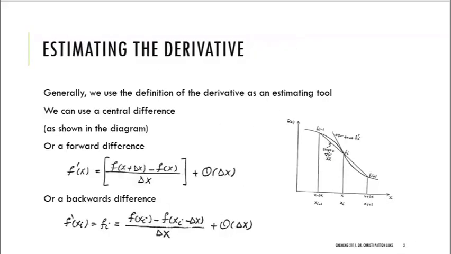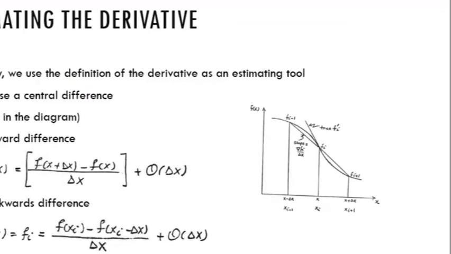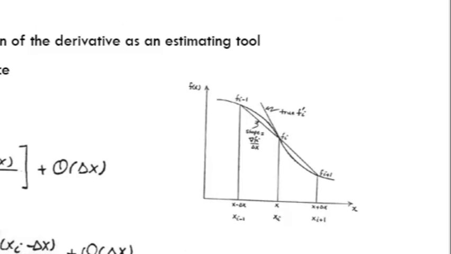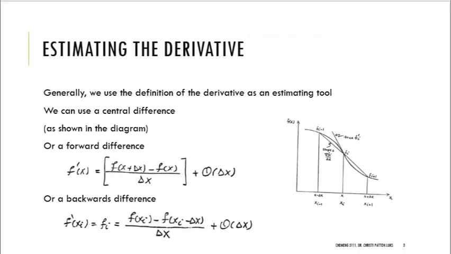To estimate the derivative, we can use this definition, and there are many ways you can use it. You can use a central difference, which is basically what's shown in the picture: you take a point and go a delta x to the left and a delta x to the right, estimate f of x at those 2 points, and then divide by the distance between those two x values.